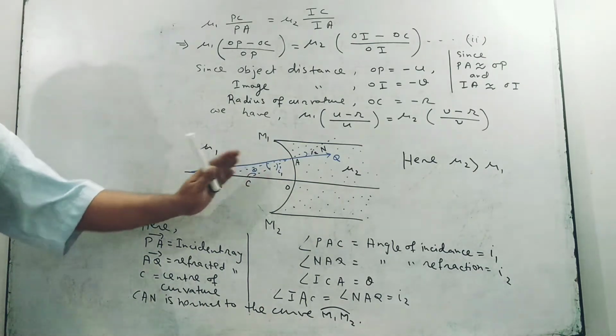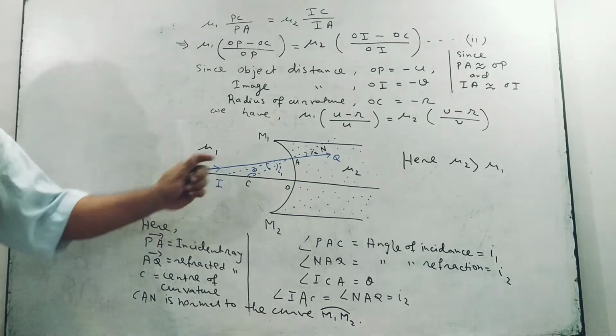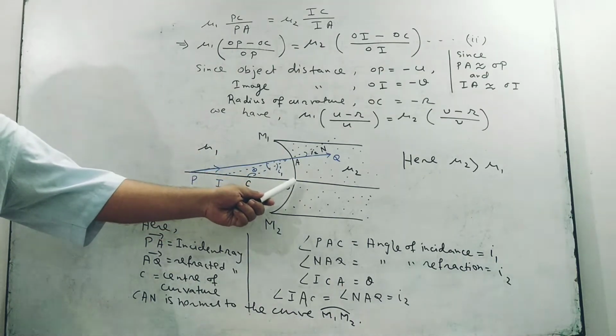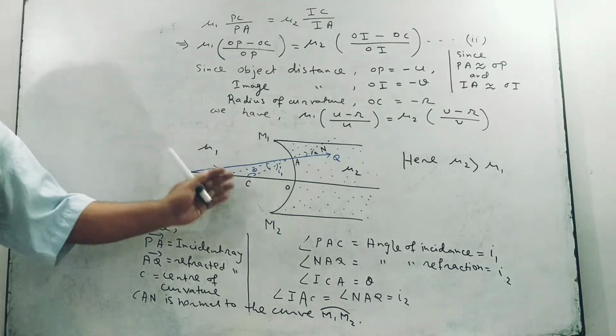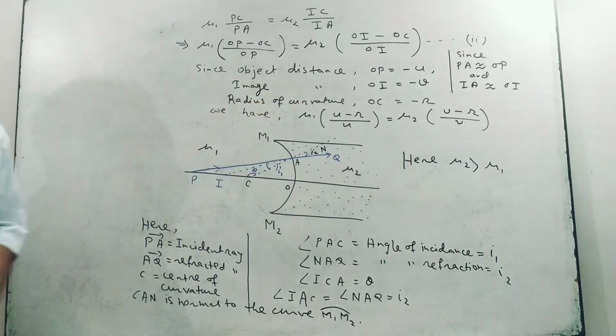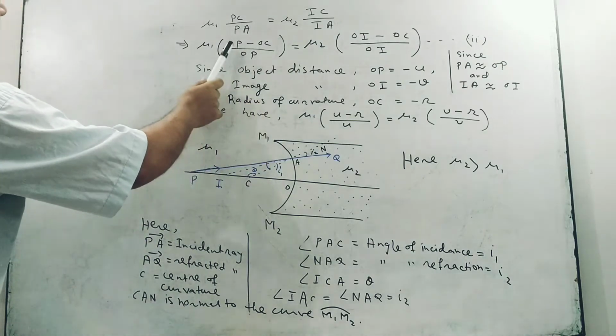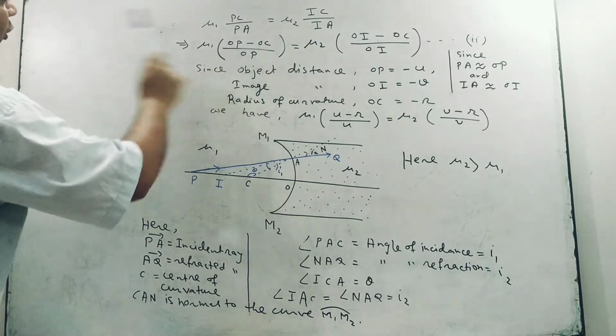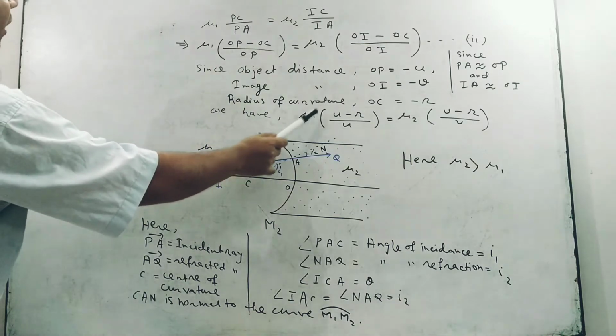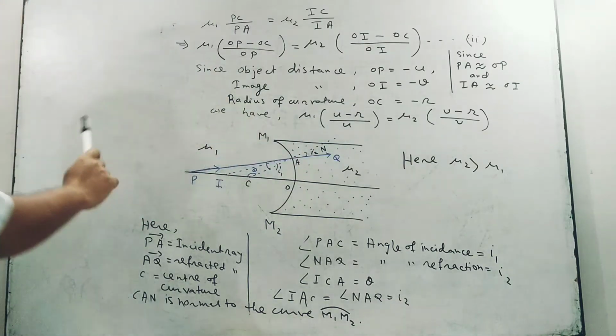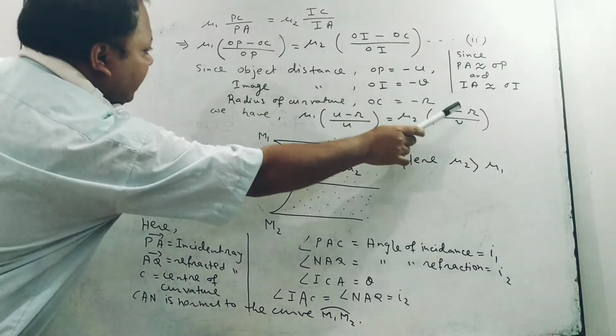All the points are on the left side of O. That's why we take the negative sign. Now we can put these values in equation 2, and we can write mu1 (U minus R) by U is equal to mu2 (V minus R) by V.